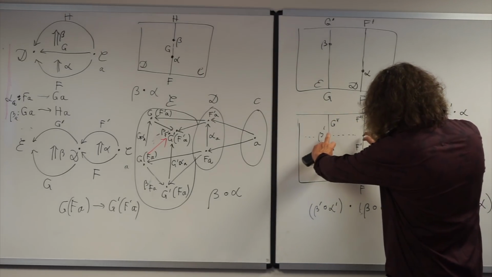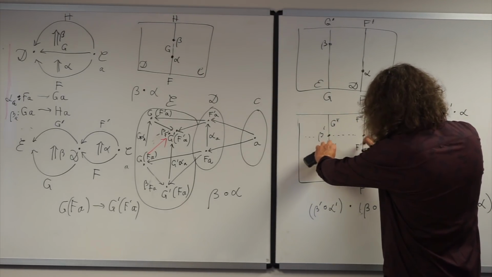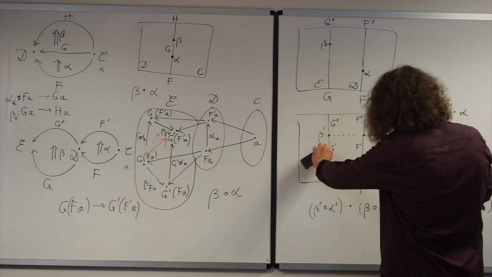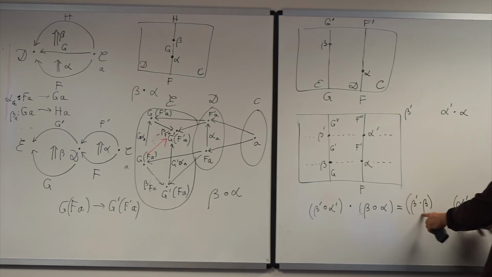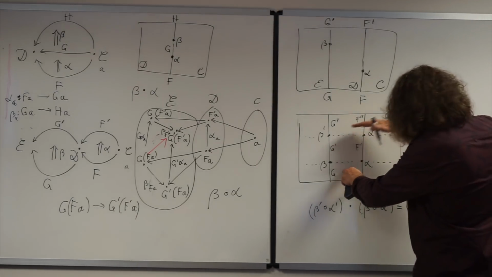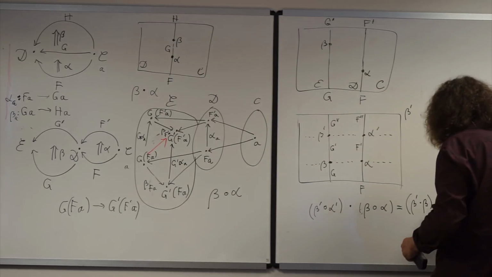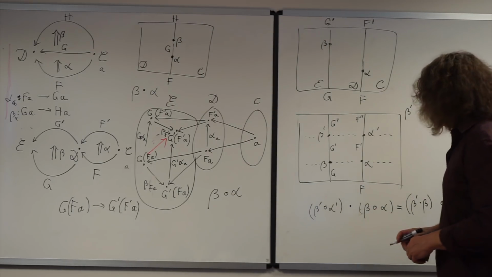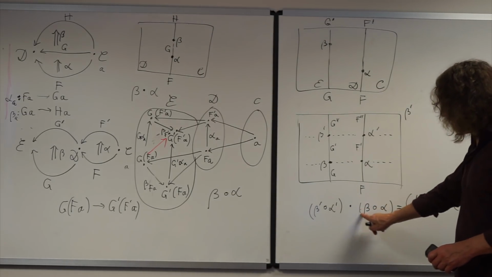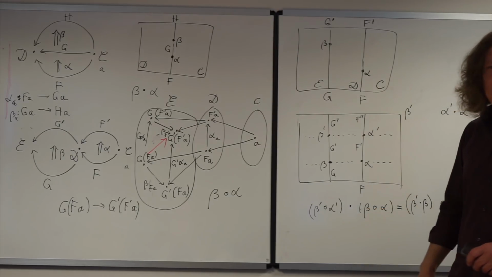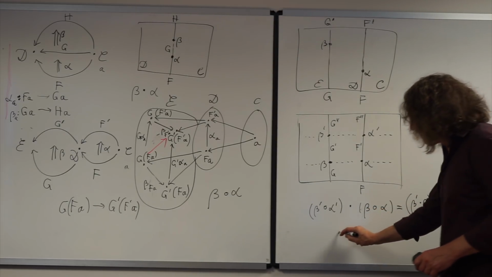So I have now shrunk these to two natural transformations. One is this and one is this, right? And I'm composing them horizontally. And these two things better be equal, okay?